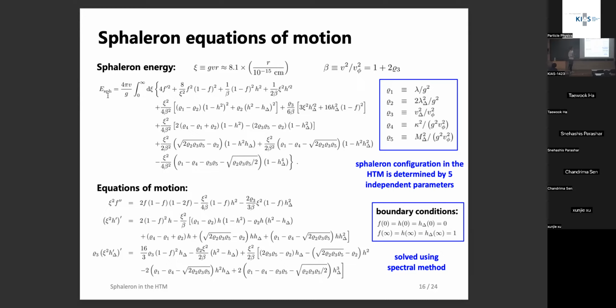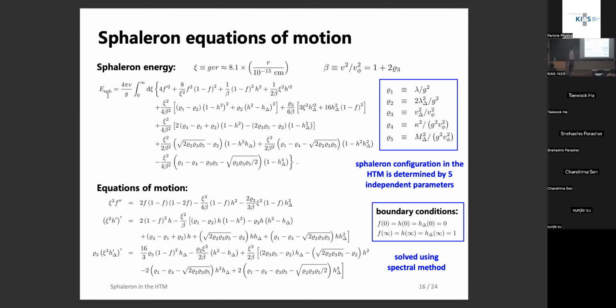Rho 3 is defined as a ratio between 2 VEVs, and rho 4 is proportional to kappa squared, which is the quadratic coupling of the doublet, and finally rho 5 is a parameter of the triplet mass.